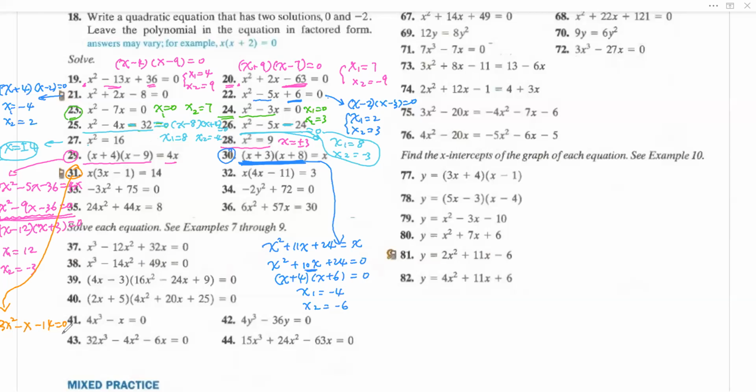So we need the AC kind of method. First, 3 times 14 equals negative 42, right? Negative 42, how do you get a negative 1? So negative 7 times 6, right? Think about it in your mind.